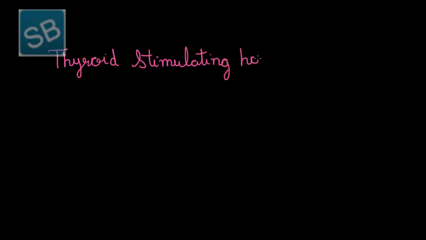The third type of hormone is thyroid stimulating hormone, that is TSH. Definitely the name indicates that it stimulates the production of thyroid hormones.